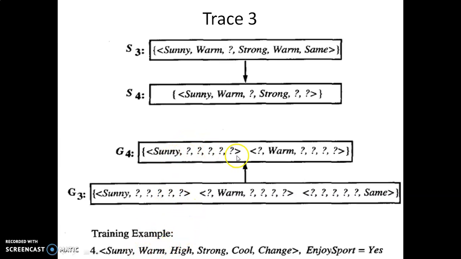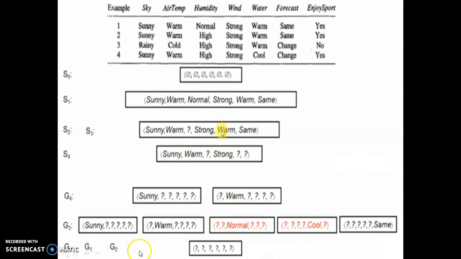If you consider the general boundary, G4 will be: Sunny with all question marks, this one, and the one with same will be removed. How we get G4: when we encounter the fourth example, we compare it with the general hypotheses we have got. First hypothesis: sunny is sunny, same, and all 5 question marks can be accepted, so it is classified as positive and we retain it.